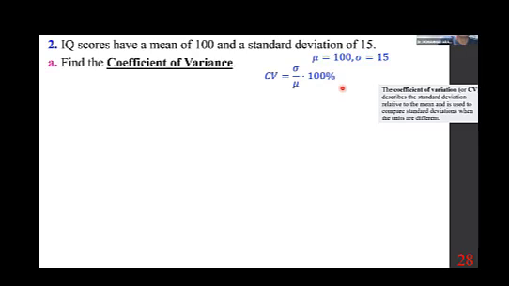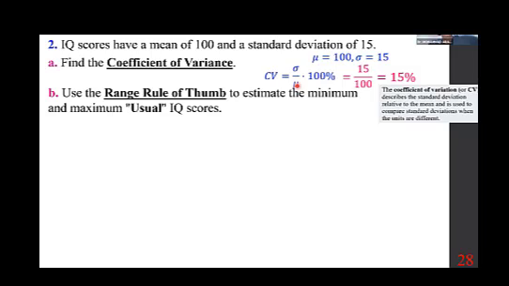But for all practical purposes, you calculate this fraction. Now you simply plug in and you change that to a percentage. The answer is 15%. Coefficient of variance.